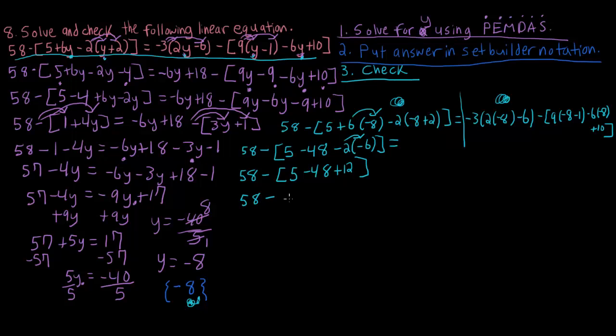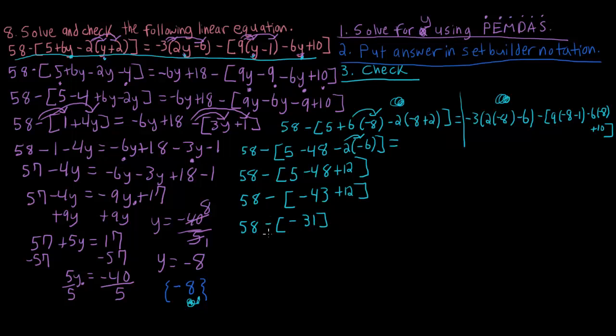Then we can simplify inside the bracket. So 5 minus 48 is negative 43. Negative 43 plus 12. So 58 minus negative 43 plus 12 is negative 31. Yeah, negative 31.